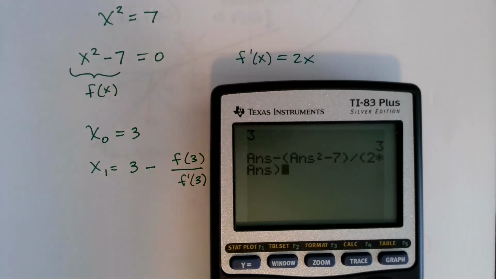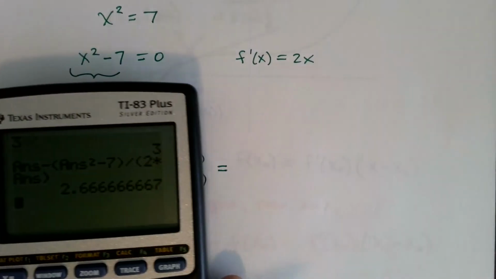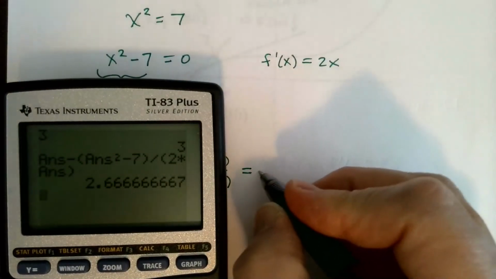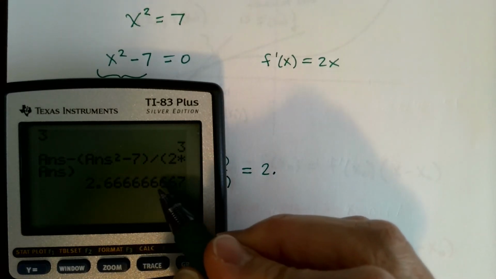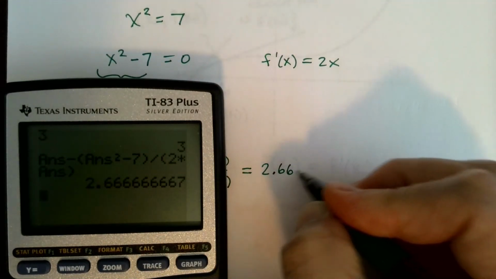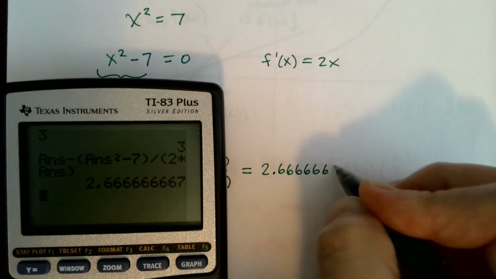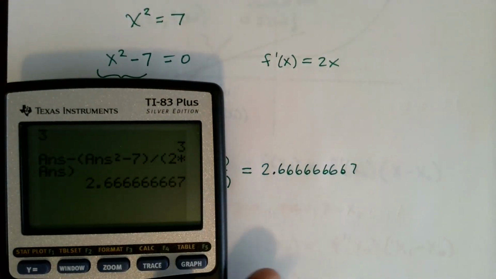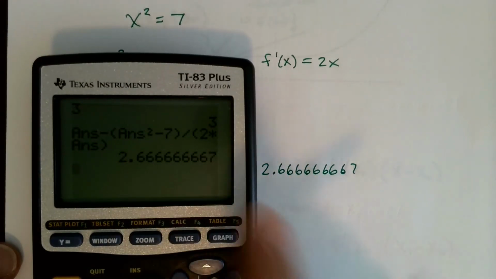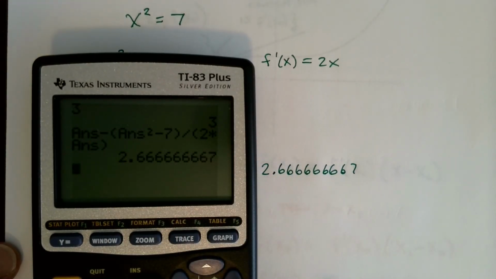Okay, so there it is. I hit enter, and I get my first iteration for x of 1. 2 point, and it looks like 1, 2, 3, 4, 5, 6, 7, 8 sixes, and then a 7. Of course, the calculator is rounding off the digits itself, right? So it only goes out so far.